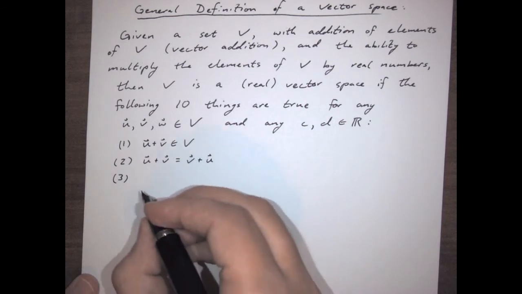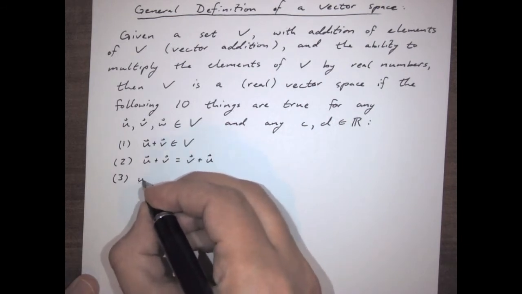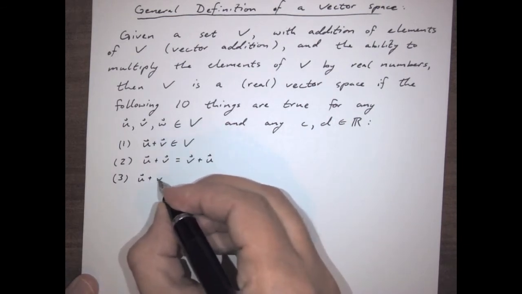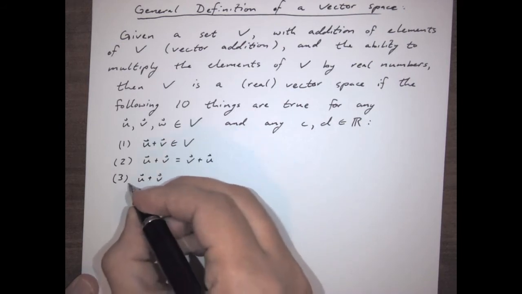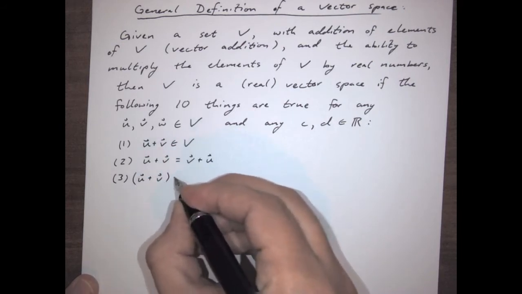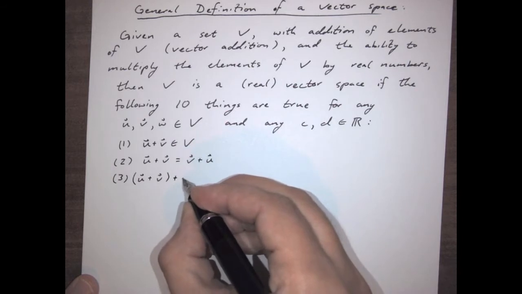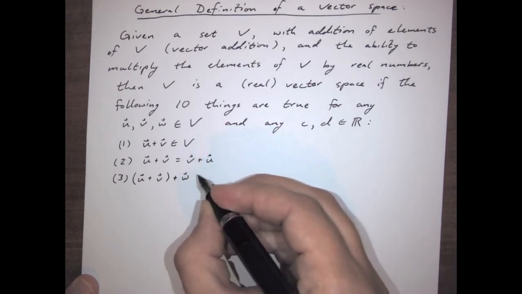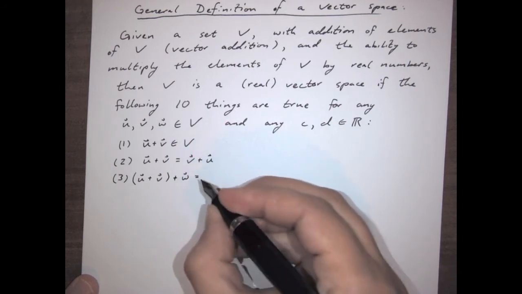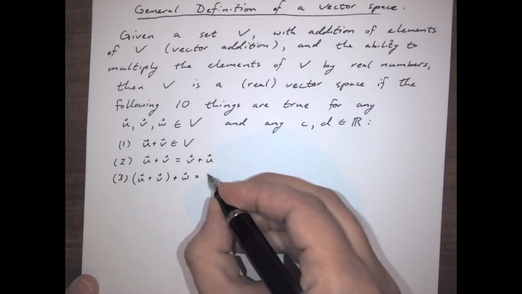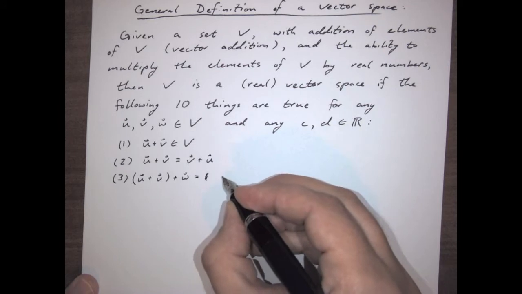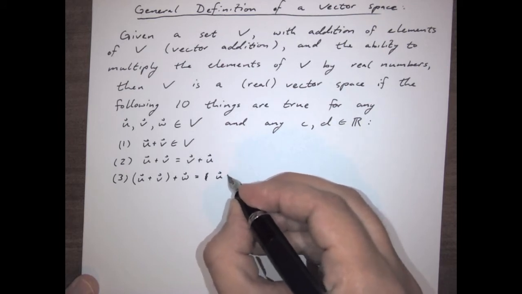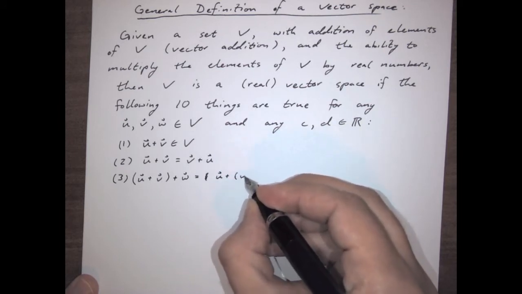All right. Thirdly, addition has to be associative. So if I add u plus v first, and then building on it, I decide to add in another vector, w, that had better be the same overall result as if I did u added to the result of v plus w.